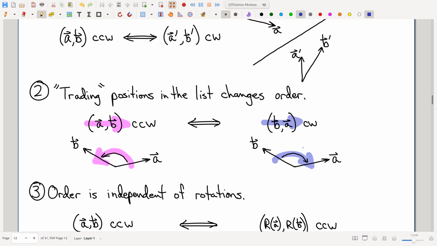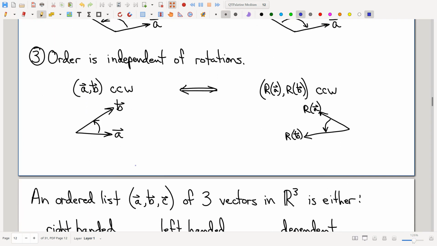Okay. And then lastly, if you rotate the entire picture, so here I have A, B being counterclockwise.